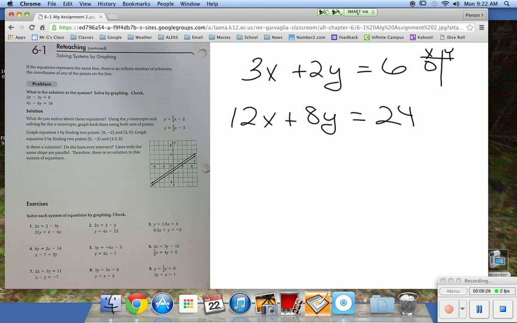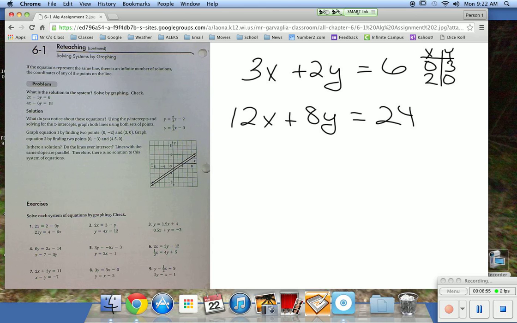If I put 0 in for x for this one, what's my y? 3, right? 2 times 3 would equal 6. If I put 0 in for y, what's my x? 2, right? 3 times 2 equals 6.